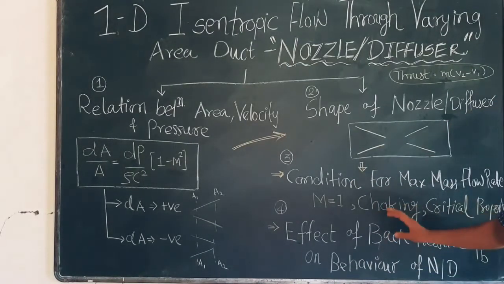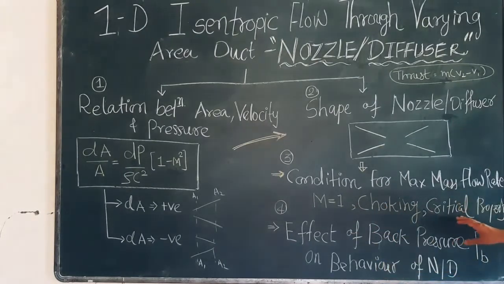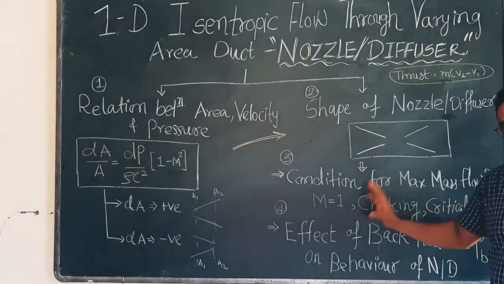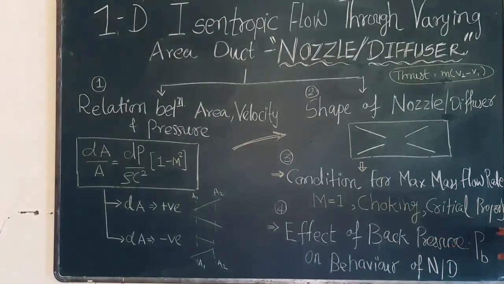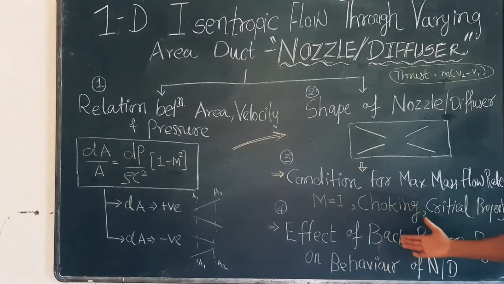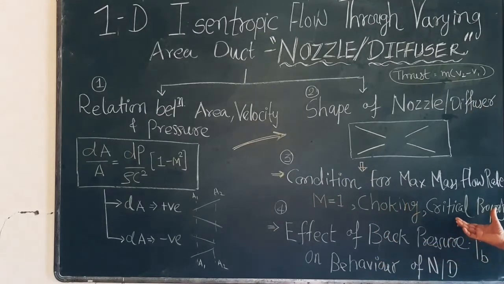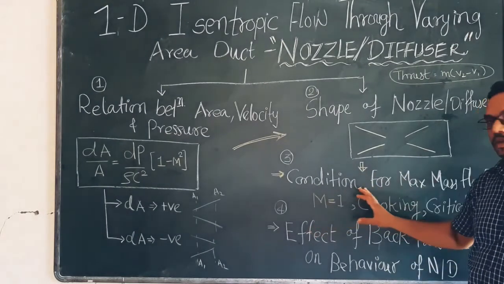And during this choking condition, whatever fluid properties are registered at the throat are called critical properties. So from this theory, we can understand what choking is, what critical properties are, and what critical area is. That we will see in this theory.